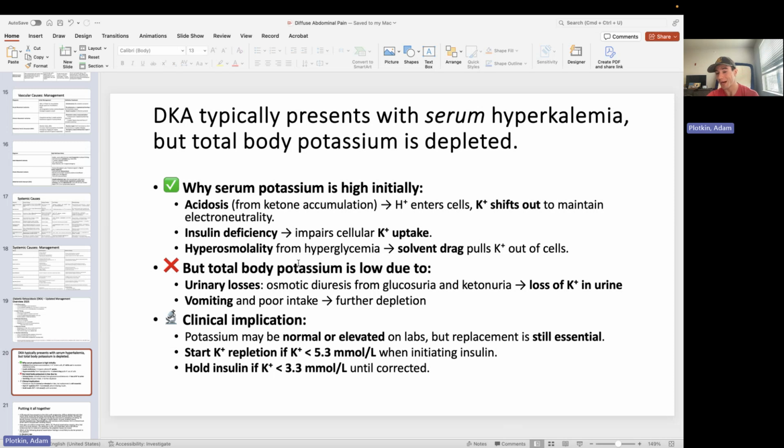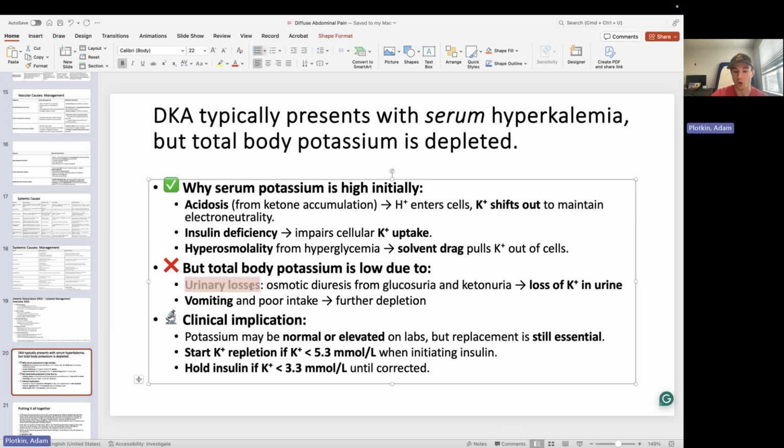However, we have elevated serum potassium levels, but we need to look at our total body potassium. Our total body potassium in DKA is classically low. It's classically low due to urinary losses from osmotic diuresis. So from the elevated glucose levels and the elevated ketone levels, that's going to drive a whole bunch of osmotic diuresis through my urine, and we're going to lose a whole bunch of potassium with that. Vomiting and poor oral intake can also lead to further depletion.